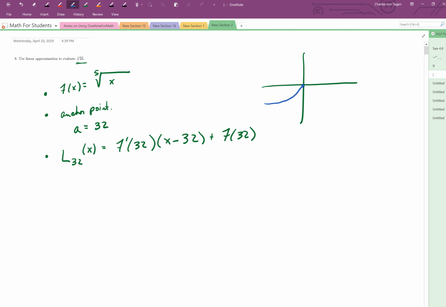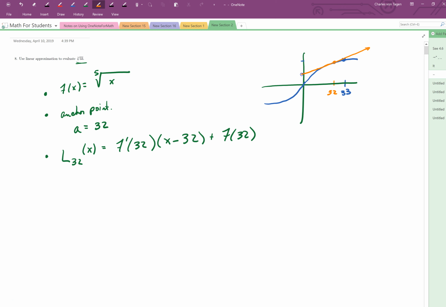Maybe it looks something like this. And our goal is we want to know what the fifth root of 33 is. We want to know what this y value right here is. But instead of plugging into the function, we're going to build a tangent line about 32 that approximates the curve.